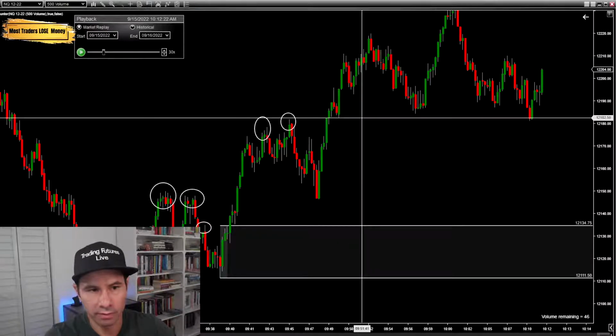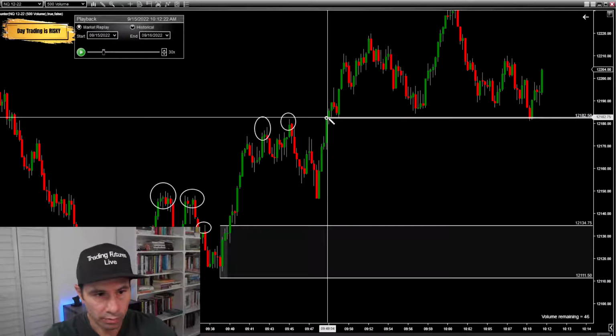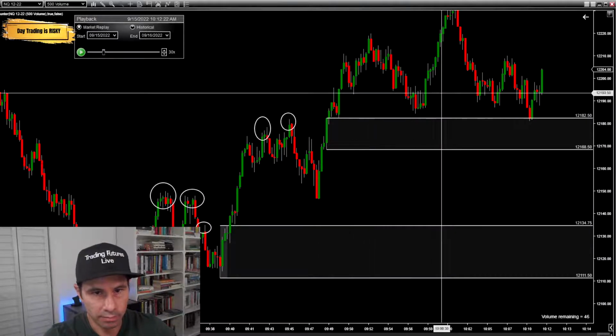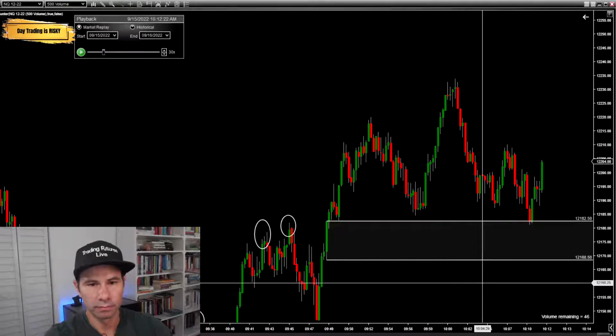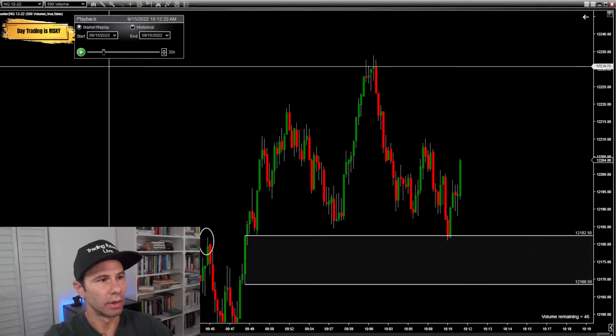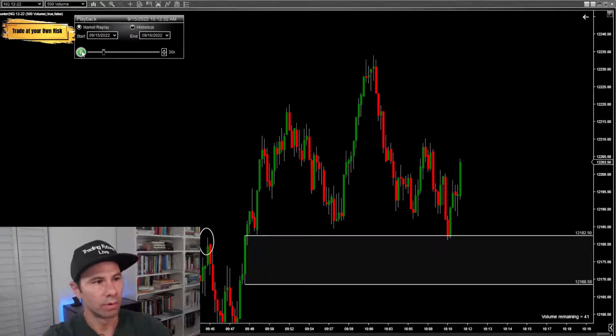But I need this retest right here. So yes, this was a very key one. That was the one that I missed, right? And this is not live trading, so I'm able to cheat and see if it worked.